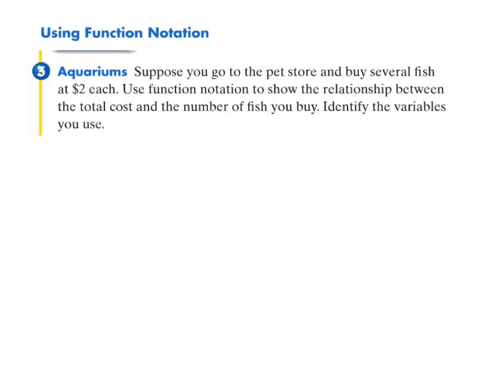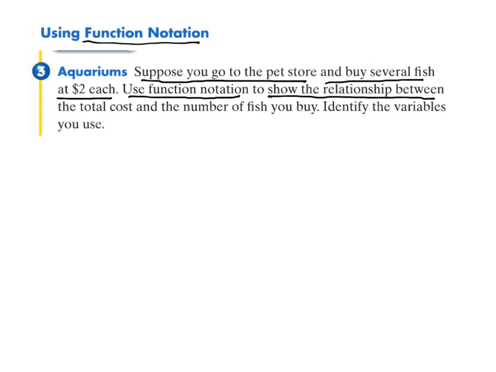Let's use function notation. Suppose you go to the pet store and buy several fish at $2 each. Use function notation to show the relationship between the total cost and the number of fish you buy. So you must show a function relationship between the total cost and the number of fish you buy using a function notation.